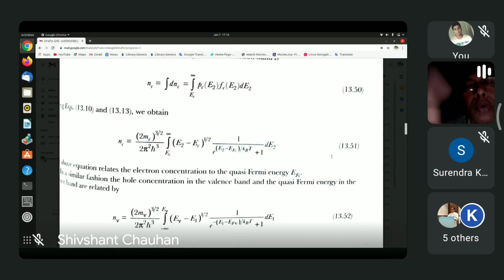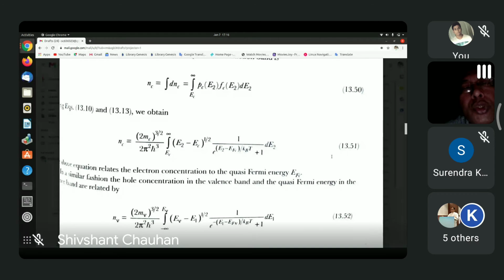So you need to know how many holes or vacancies are there. The probability of a vacancy is 1 minus FV at E1. So 1 minus FV1 is the probability that there is a vacancy in the valence band at energy E1. So that way they calculate the concentration of holes in the valence band.